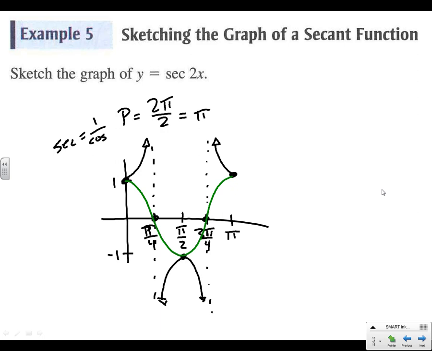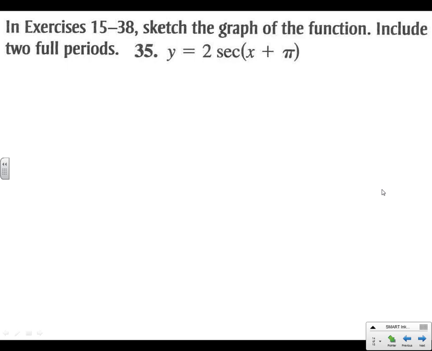Last thing to try on your own, number 35, give it a shot. 2 secant of x plus pi. All right, so we already know the important points on the table when we plus or when we minus pi. So that's going to be everything shifted over. Normally we would end at 2 pi, but we're subtracting pi to everything here.